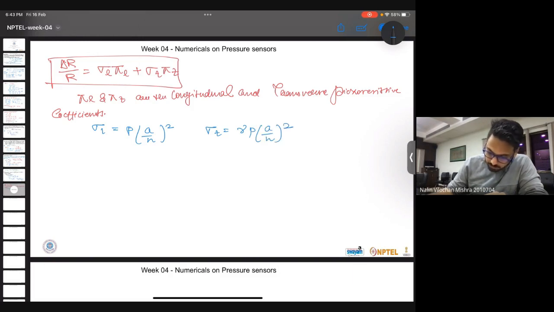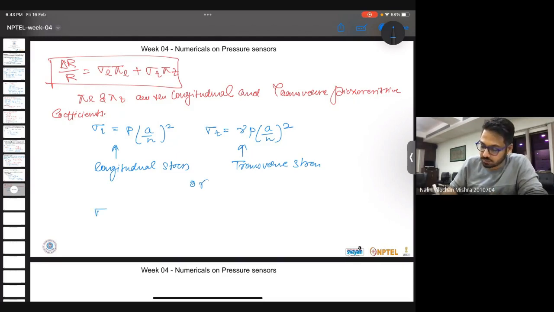This is the longitudinal stress, this the transverse stress. Or if the direction of force is reversed, then maybe it can be written as this.